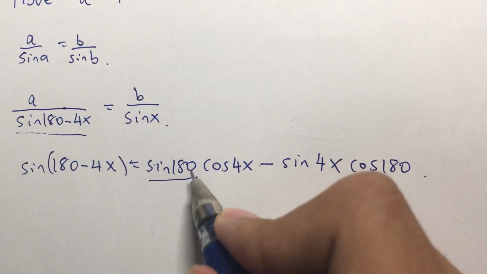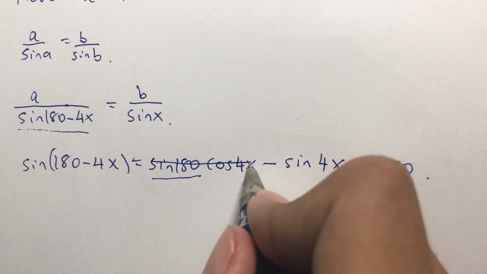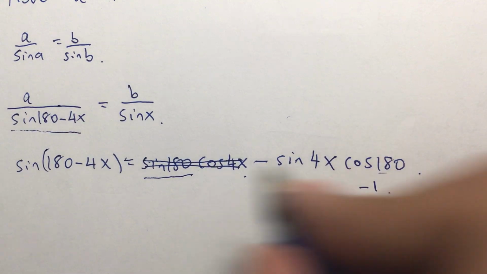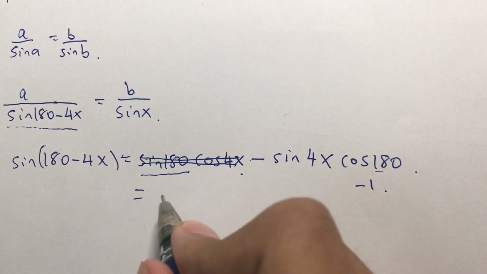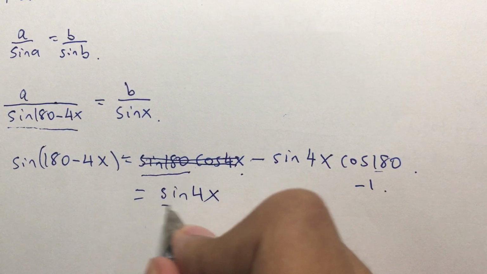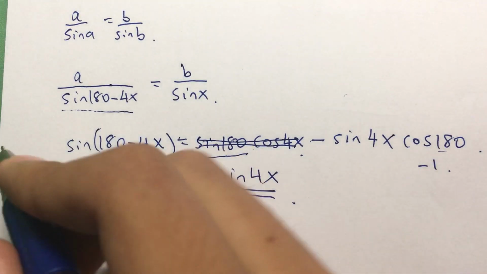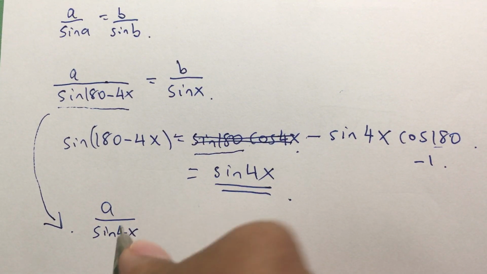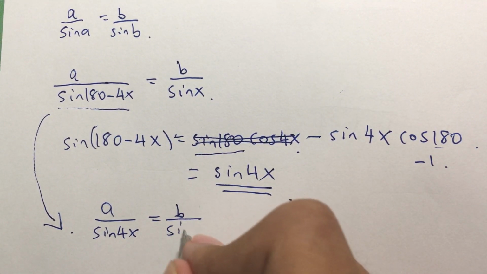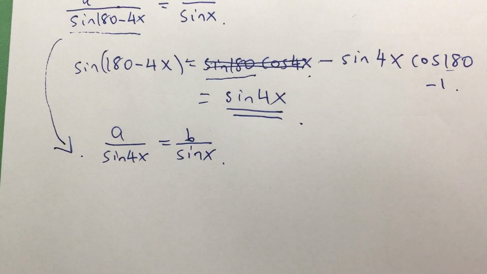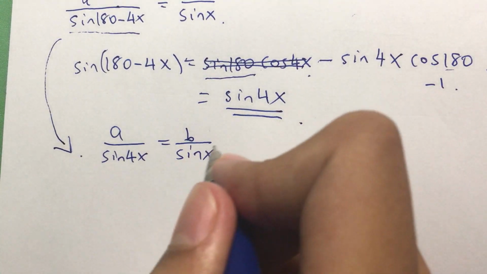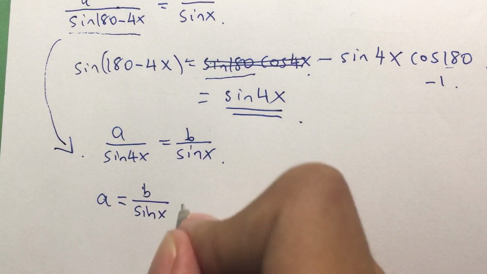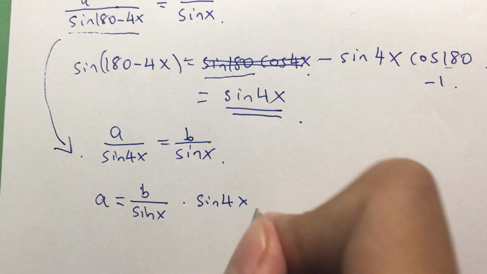We know that sine 180 is equal to 0, which means this term disappears, and cosine 180 is equal to negative 1, which means this is equal to sine 4x. So now we can rearrange that into a over sine 4x equals b over sine x. Let's multiply by sine 4x on both sides, which becomes a equals b over sine x times sine 4x.